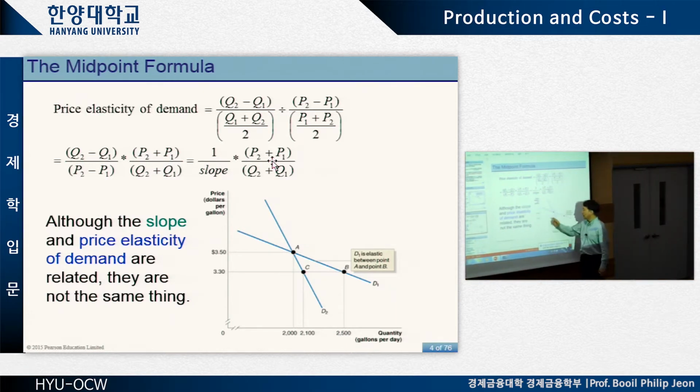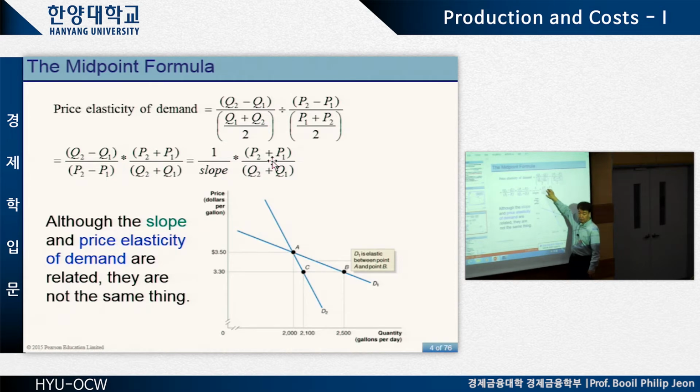Although the slope and price elasticity of demand are related, how are they related? Look at this formula. Elasticity is 1 divided by slope times this, right? So slope is related to the elasticity, but they are not exactly the same thing, because elasticity depends on this value.